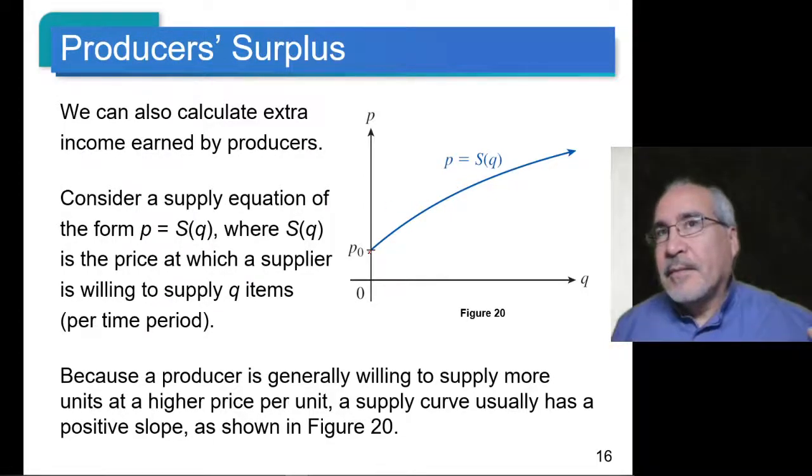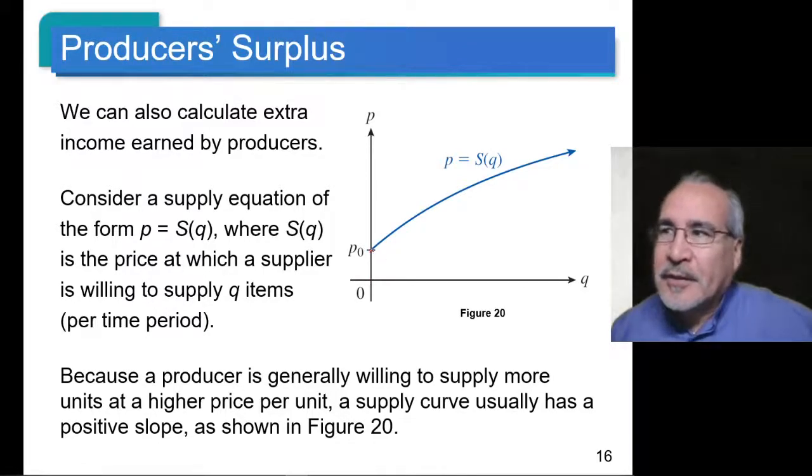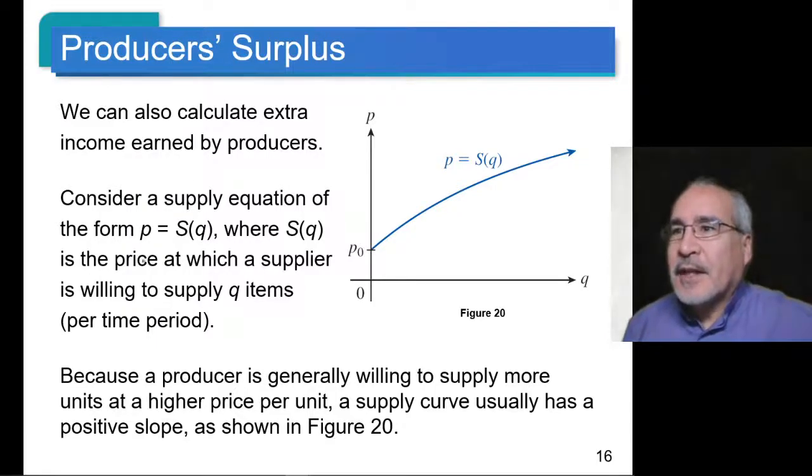Or they would, with higher demand, be willing to sell it at a higher price. With lower demand, this is sort of their minimum price. This is the price they're willing to sell it at.